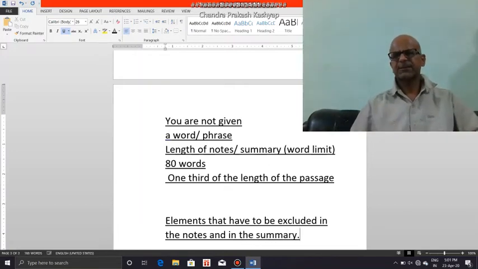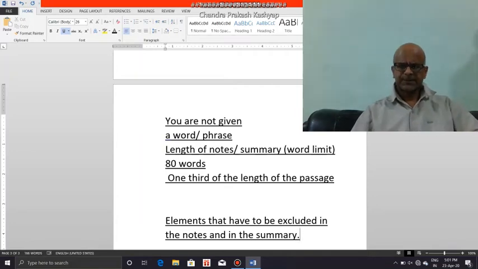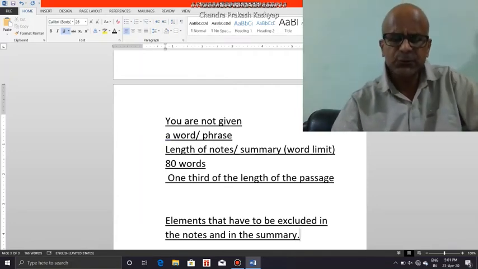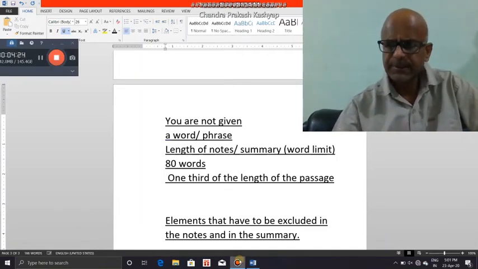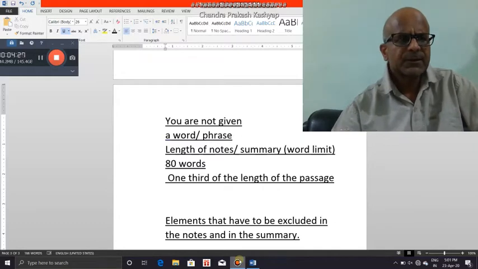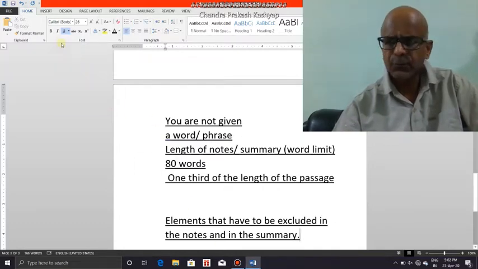It is the knowledge of these elements that I have to exclude. That is very important to making good notes and summary.